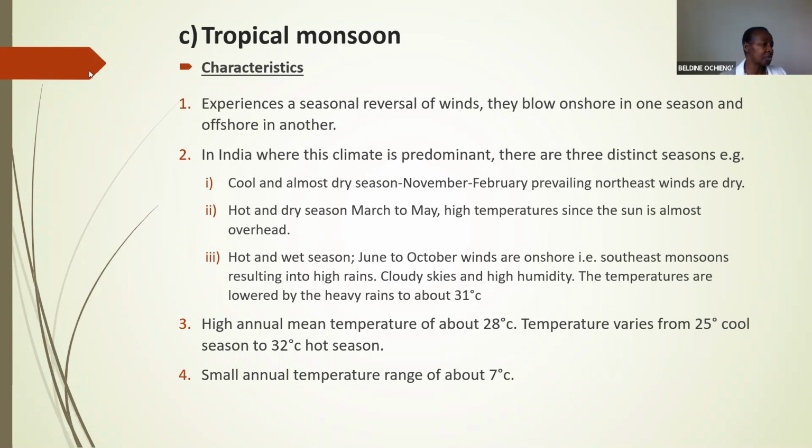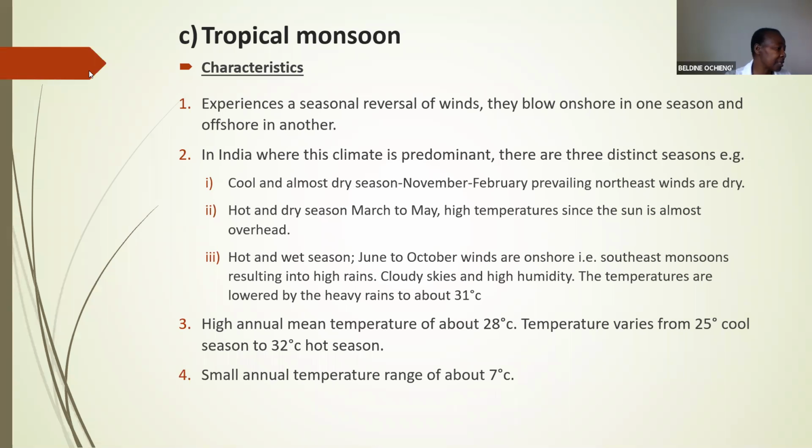Between June and October, winds are onshore. That is southeast monsoons resulting in high rains, cloudy skies, and high humidity. That is what is going to give us the hot and wet season.